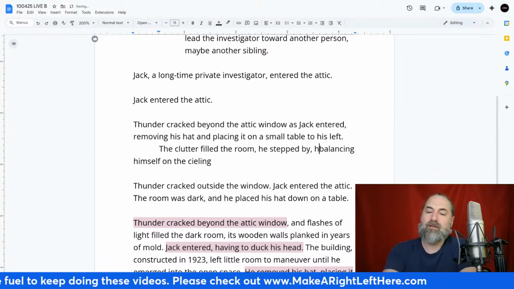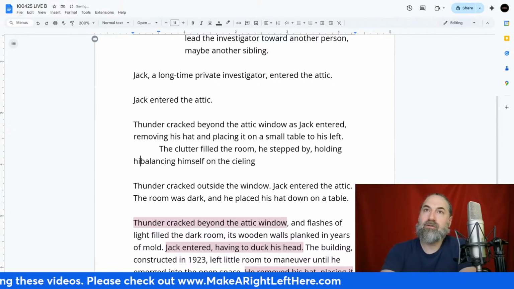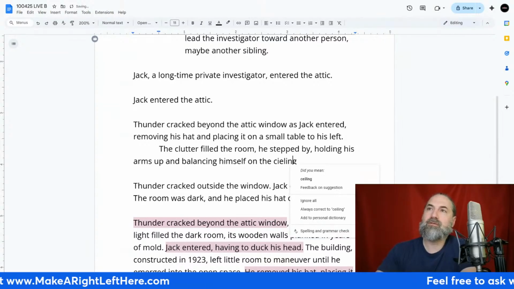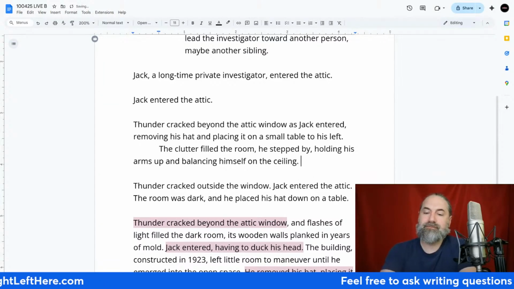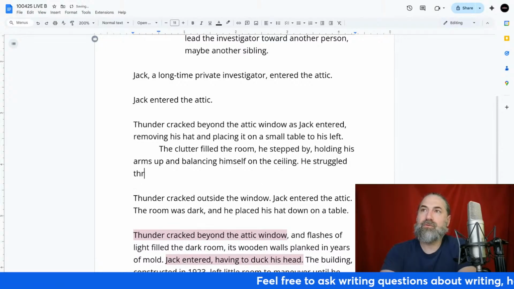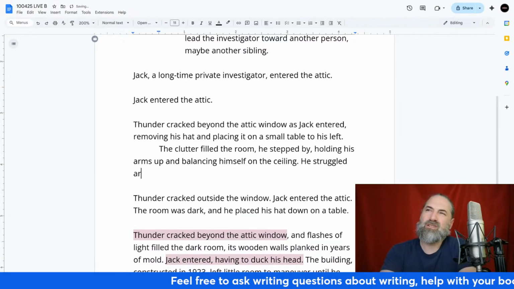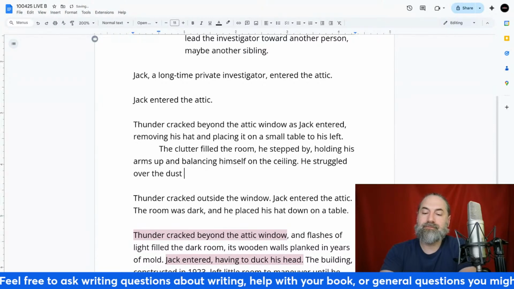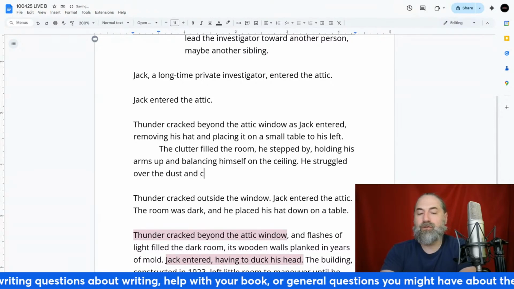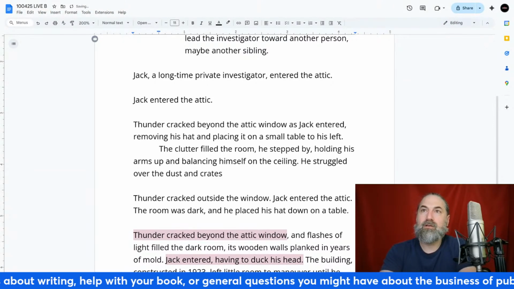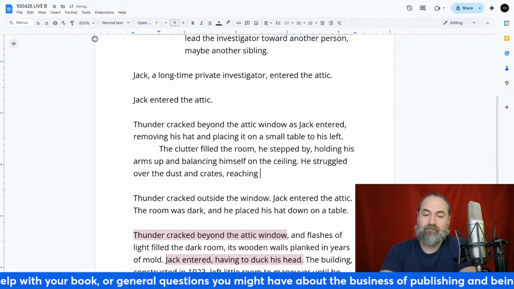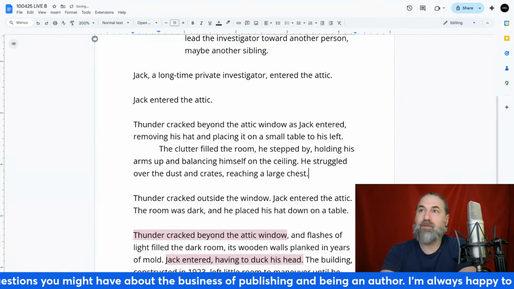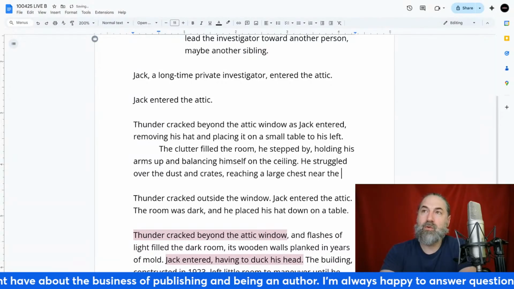Holding his arms, balancing himself on the ceiling. He struggled through. He struggled around. He struggled over the dust and crates, reaching a large chest near the window.